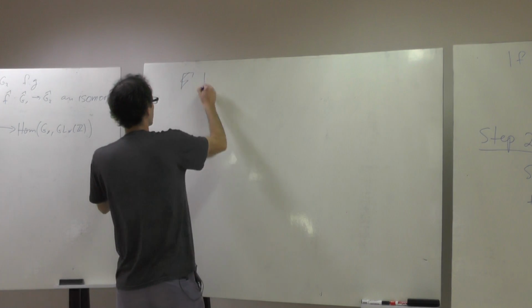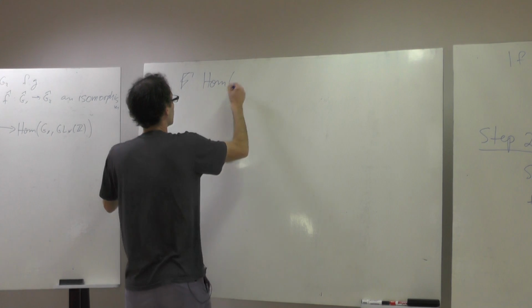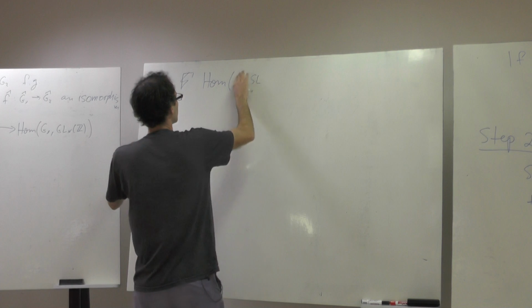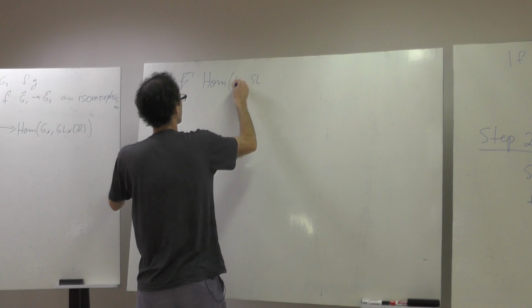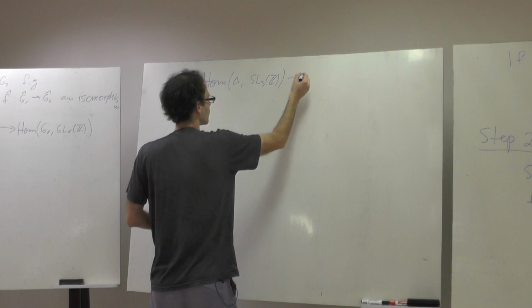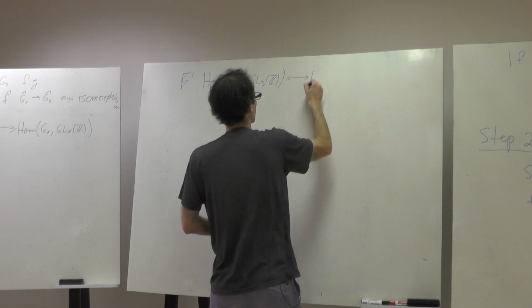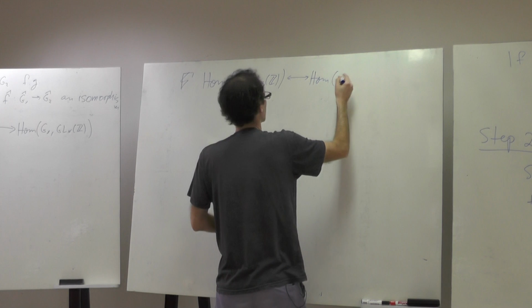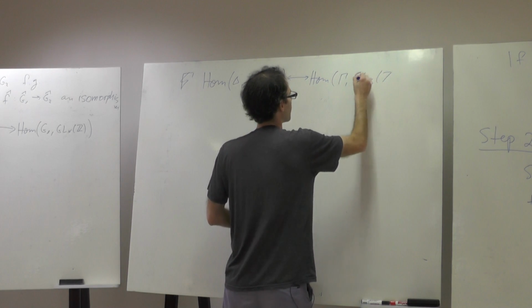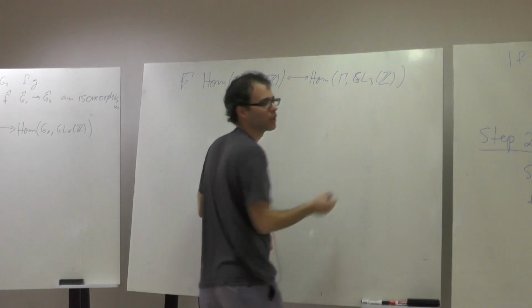So what do you get? We get that Hom of gamma into delta into SL3Z is in bijection with Hom of gamma into SL3Z, GL3Z. Okay?